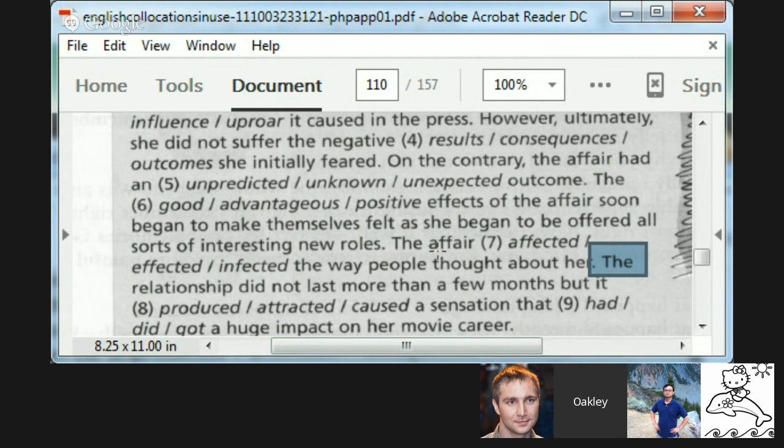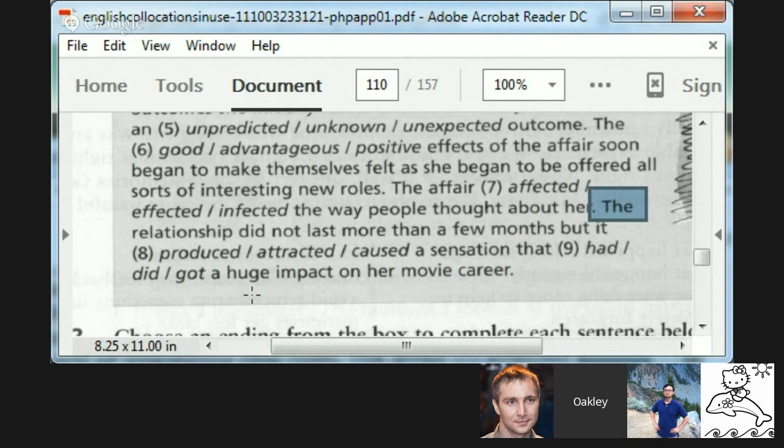The relationship did not last more than a few months, but it produced a sensation that got a huge impact on her movie career. Okay, wait a minute. It caused a sensation. The collocation here is to cause a sensation.